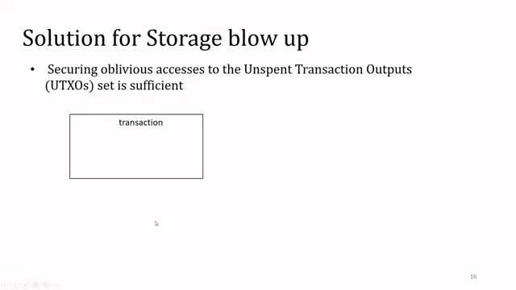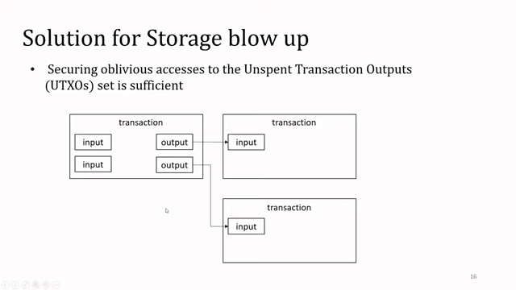To address the problem, we need to look at individual transactions of Bitcoin. Bitcoin transactions are formed by different data inputs and data outputs. When a client wants to send money to another recipient, it creates a transaction using outputs that belong to it and have not been used as input before, as new inputs in the new transaction.